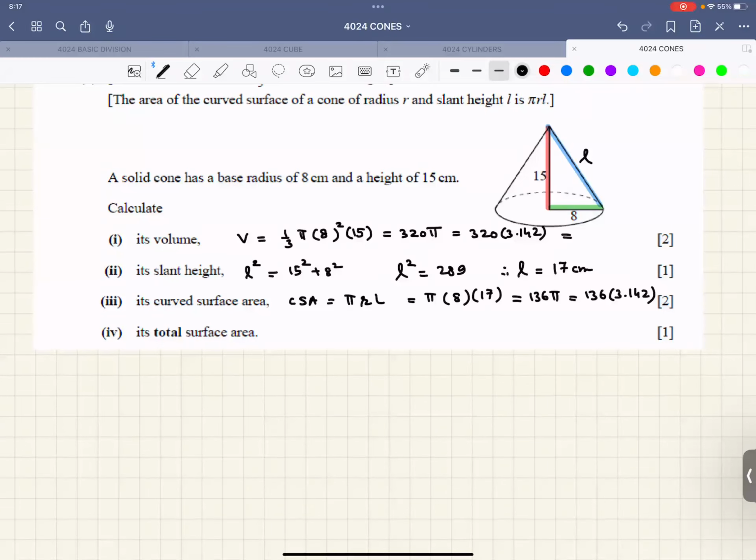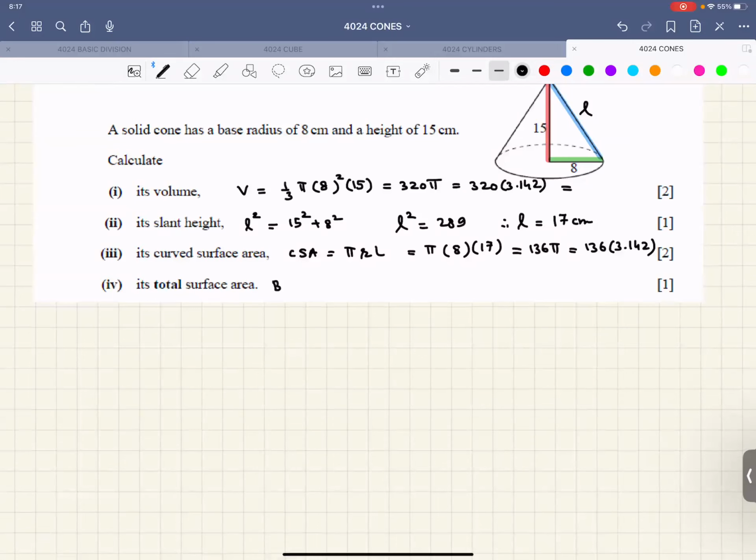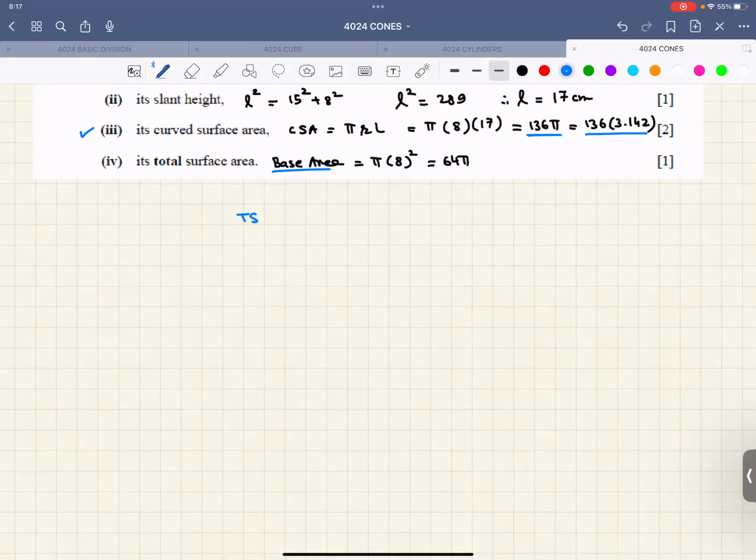Its total surface area. Let me add the base area. That is pi r square, which is 64 pi. So let me add curved surface area plus the base area, in terms of pi first. So total surface area is curved surface area plus base area. Curved surface area is 136 pi.